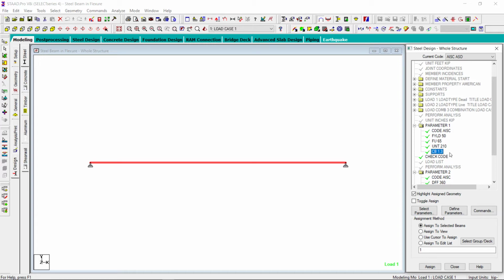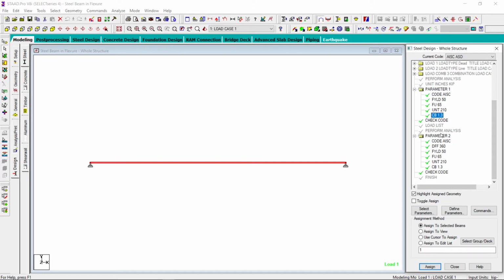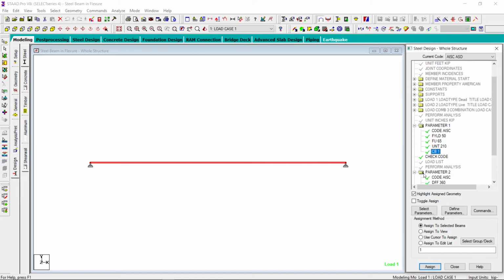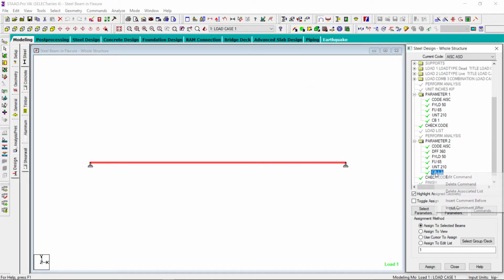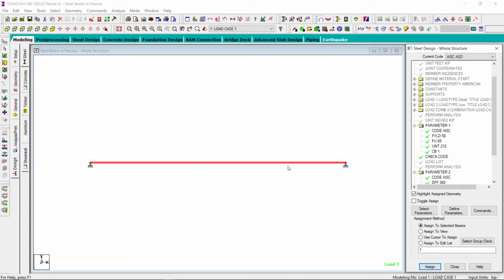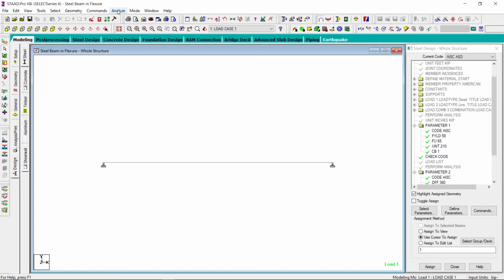And if we do not modify the value of CB, this beam is going to fail. Let me show you. If I change it to 1, which is the default value, so if I forgot to change this value of CB and let it be the default value, what will be the result?